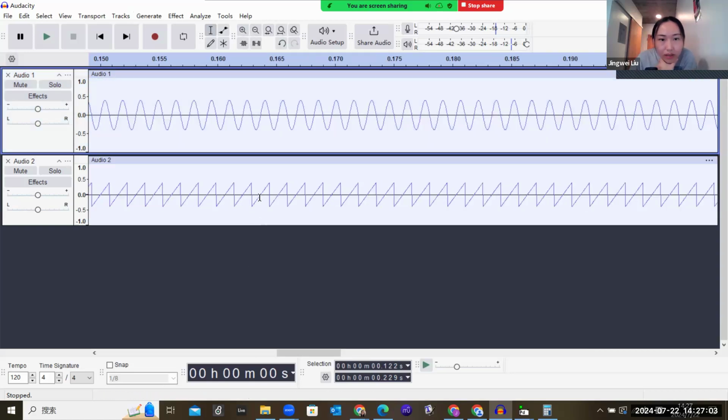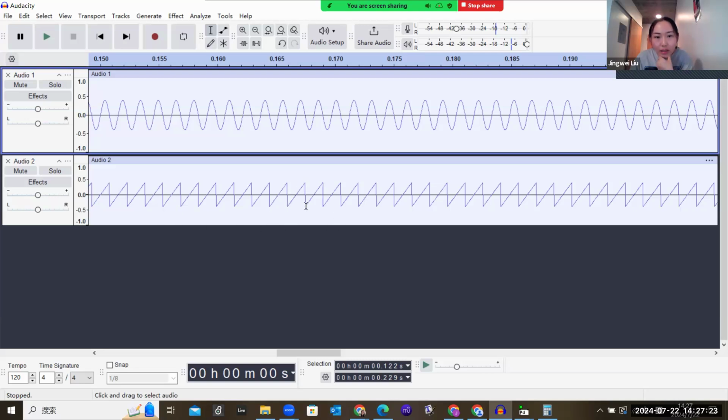So this is a sawtooth, or a phasor. Basically it's a ramp line from -1 to 1, and then it drops back to -1. Here it is like -0.4 because my amplitude is 0.4.